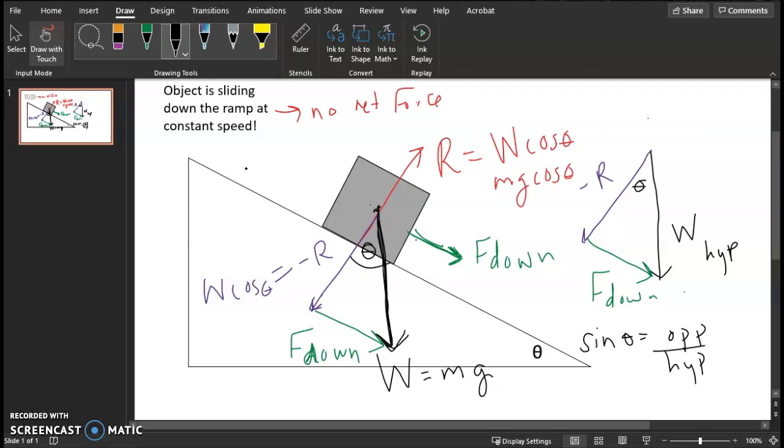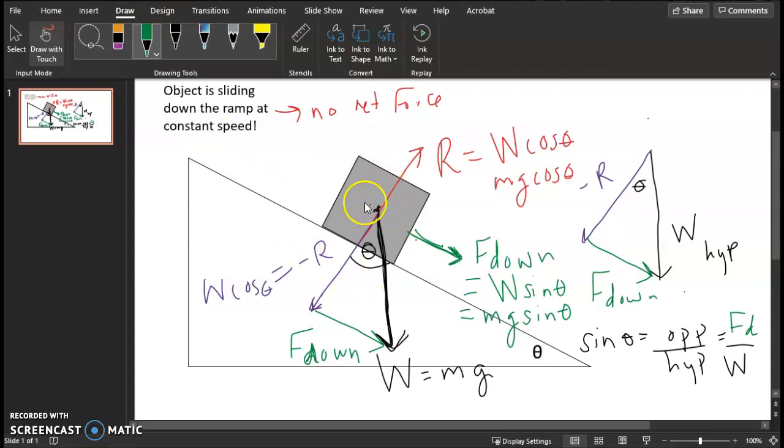But you're given the trig formulas in your data booklet. I'm going to look for my opposite side, so that's the force down, which I'll just simplify as F sub D, force down divided by the weight. So that means force down is equal to W sine theta. Force down is also equal to mg. If I substitute out the W, it's mg sine theta.